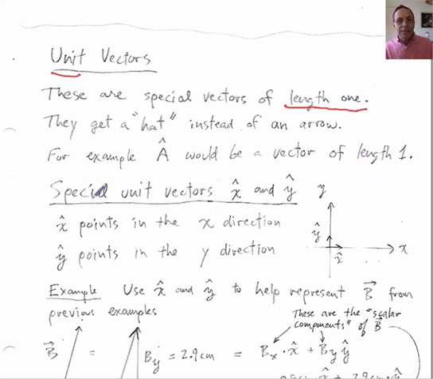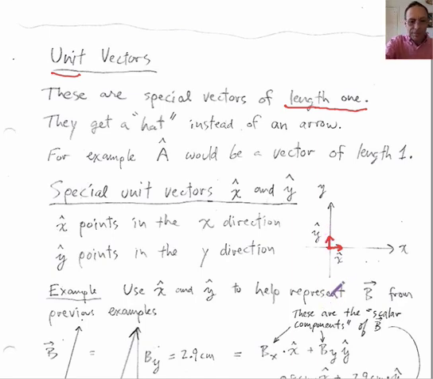Now we have some special unit vectors called x hat and y hat. The x hat unit vector points in the x direction, and the y hat unit vector points in the y direction. And here I've drawn the x hat vector and the y hat vector.